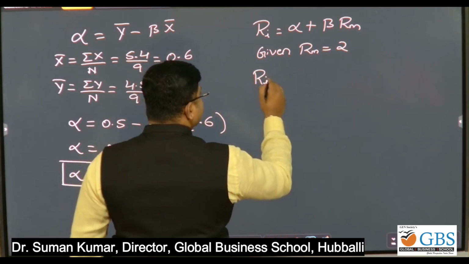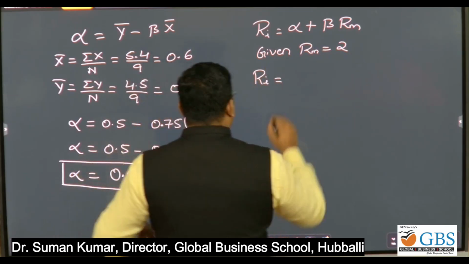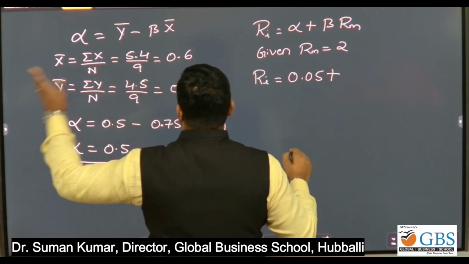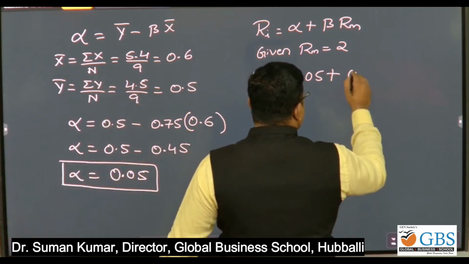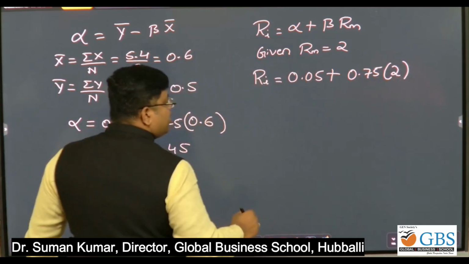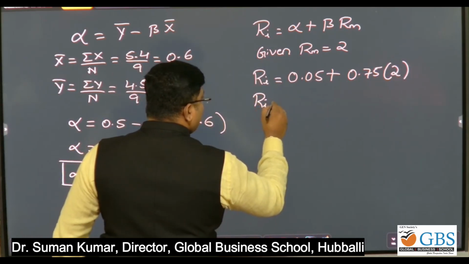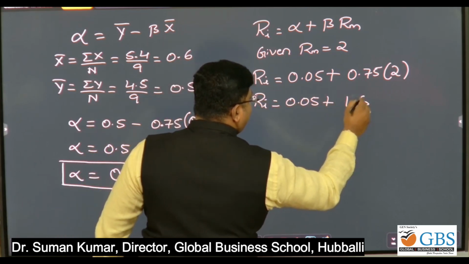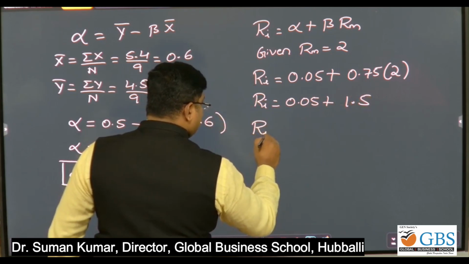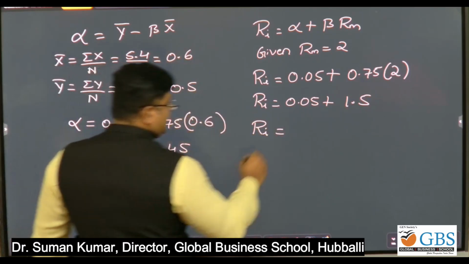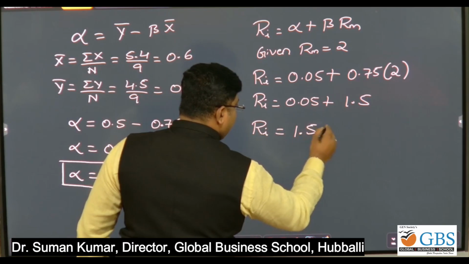Therefore, Ri is equal to alpha, which we got as 0.05, plus beta, which we got previously as 0.75, into Rm, which the question gives as 2. Ri is equal to 0.05 plus 1.5, that is 1.55 for the Sun script.